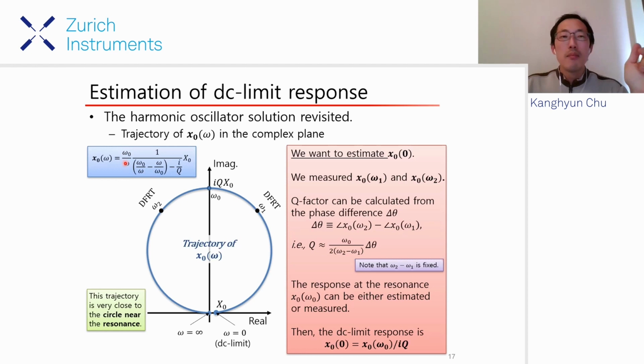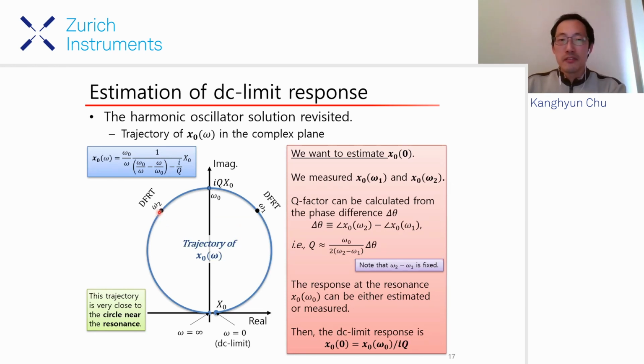But the term in the back is a perfect circle. So we can approximate our response as a circle. And what we have is the frequency 1 amplitude and frequency 2 amplitude, which are the lower sideband and the higher sideband.